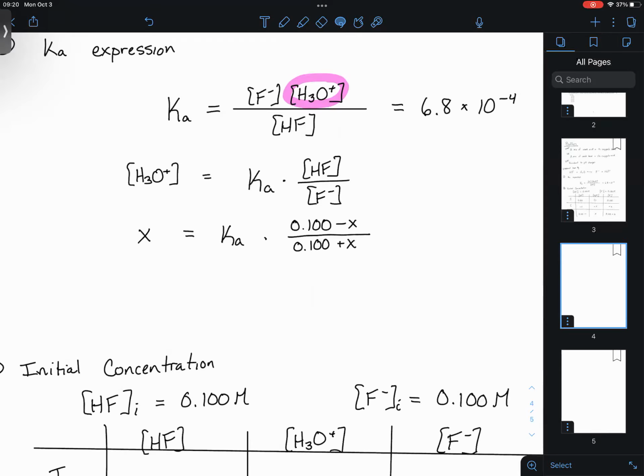And because X is going to be so small, we're again going to be able to make this assumption where we're just going to say that 0.1 minus X, well, that's basically 0.1. And 0.1 plus X, that's basically 0.1. Right? So again, make that simplifying assumption, and that will just make our algebra easy. It's not like you have to make that assumption in order to solve the problem. It just makes your algebra a lot easier.